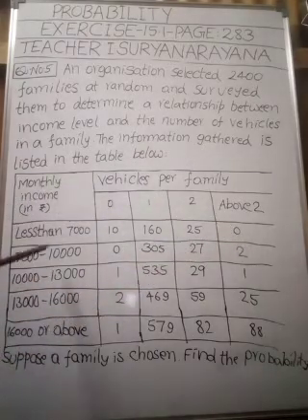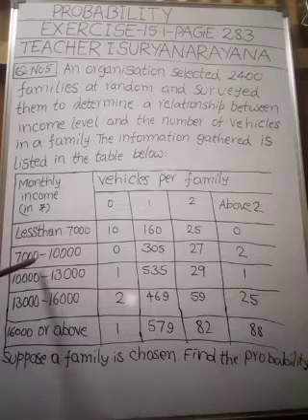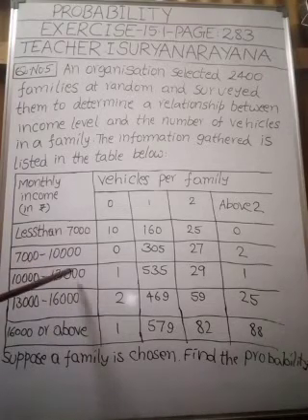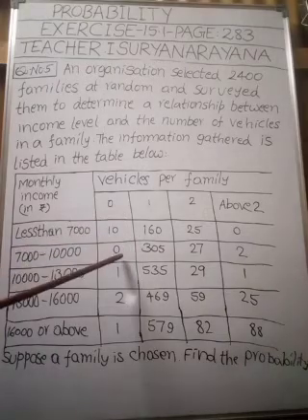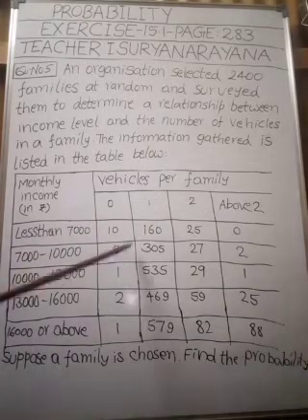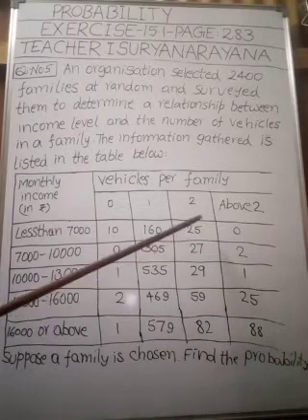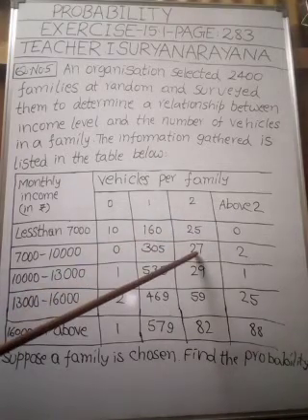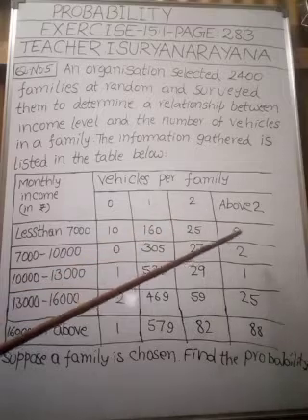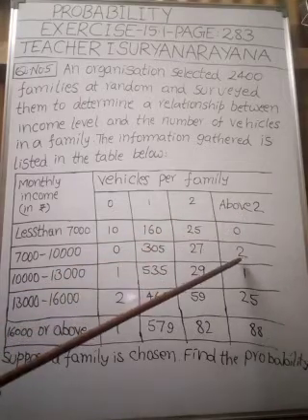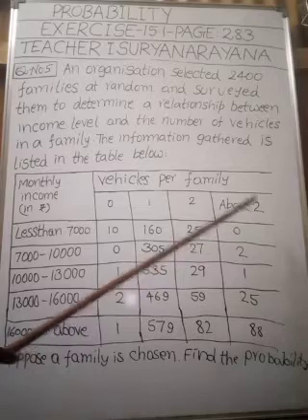Okay, my children. From the families having income 7,000 to 10,000: zero vehicles, zero families; one vehicle, 305 families; two vehicles, 27 families; above two vehicles, 2 families.